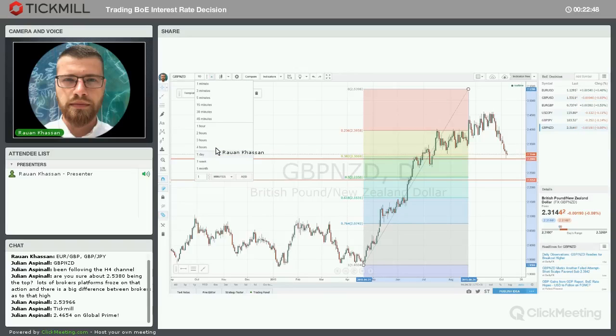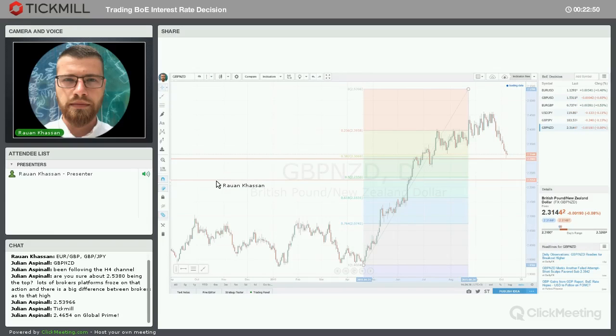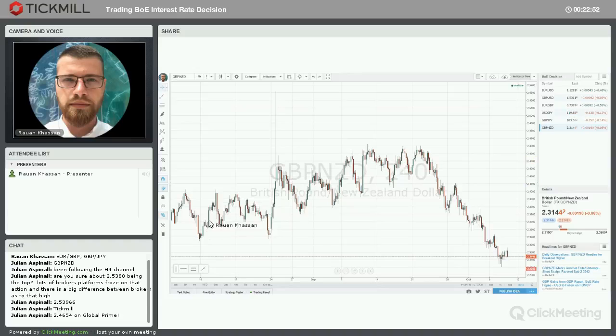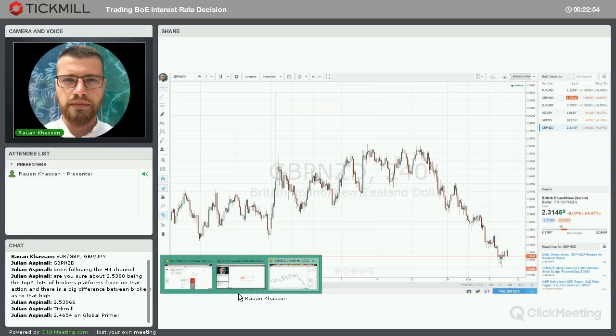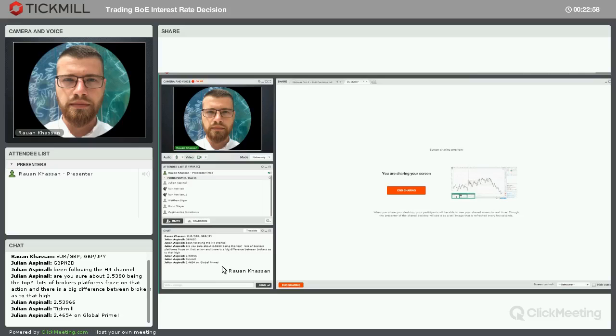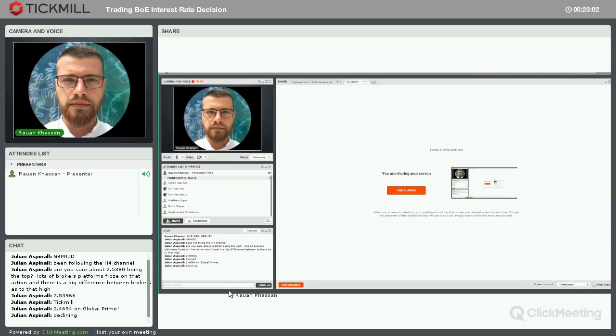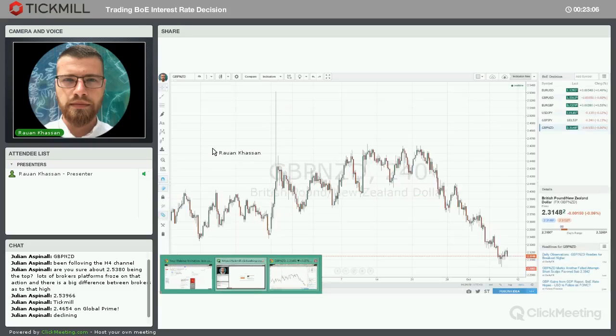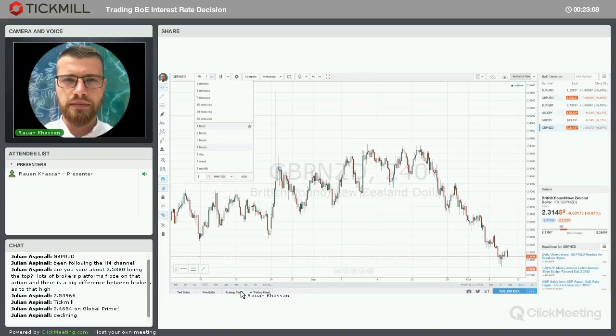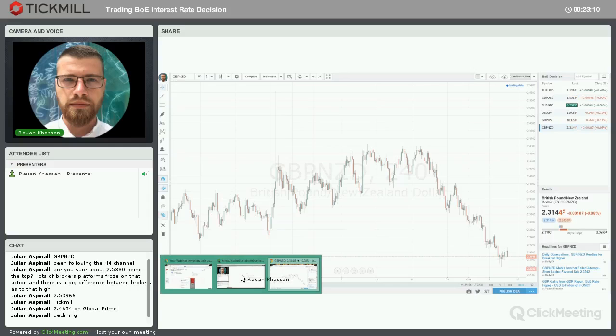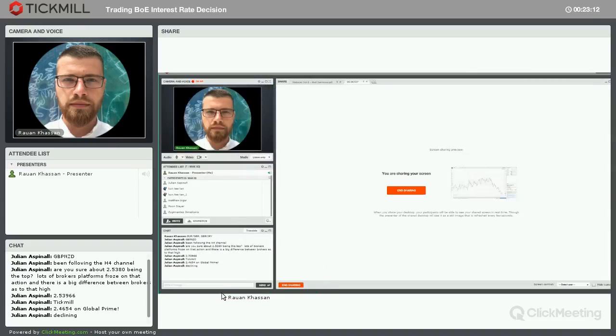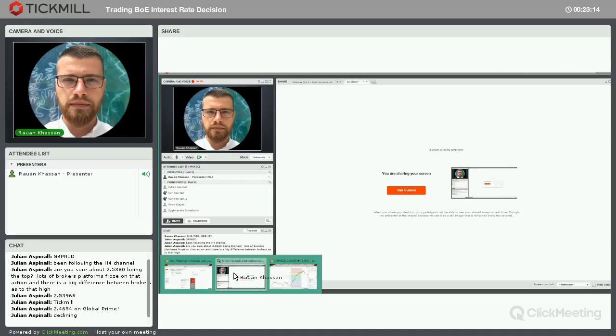Going further to 4-hour chart, where you have mentioned an upward channel, or did you mean declining channel from top to zero? Declining. Okay, and back to daily chart, totally different number from global prime 246.